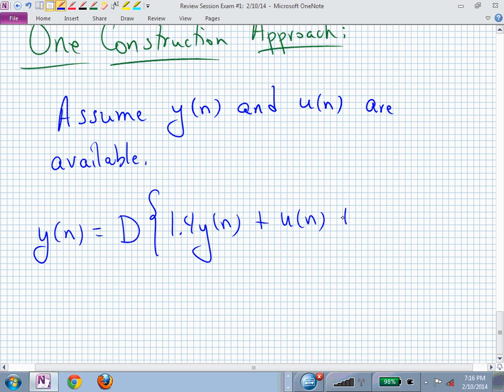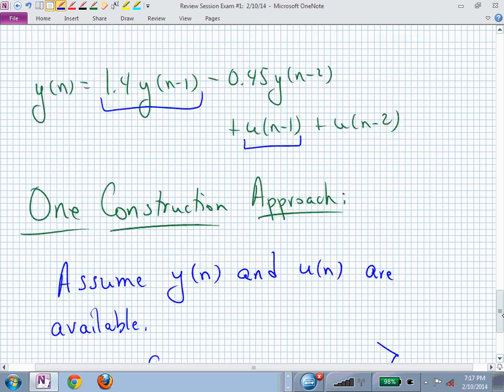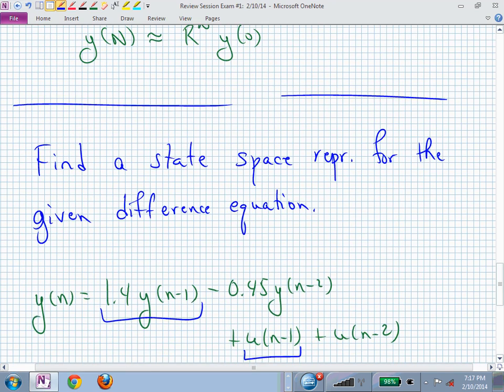Let me now, inside that, delay something else. That's another bracket. Use your imagination. That's now a bracket. Square bracket, I don't know. I use it if I have about 6 different levels of brackets, but I kind of like that when it's different. So now if I have a delay and a delay that the next y of n goes through, and if it's scaled by minus 0.45, I'm going to get this term accounted for.